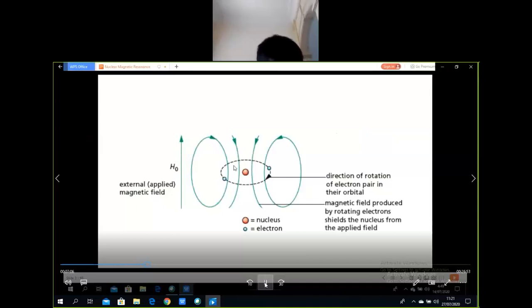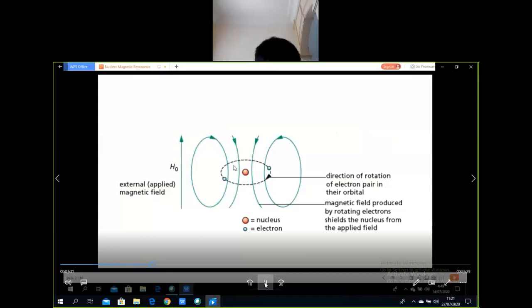This phenomenon is called diamagnetism. The effect is to shield nearby protons from the external field. This in turn reduces the frequency at which they absorb energy when they flip from the lower to the higher energy state.